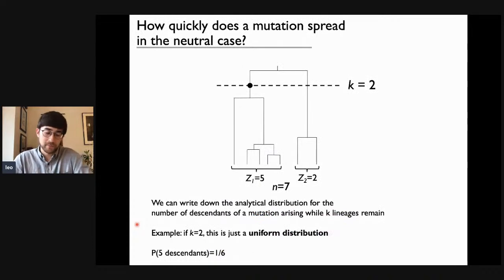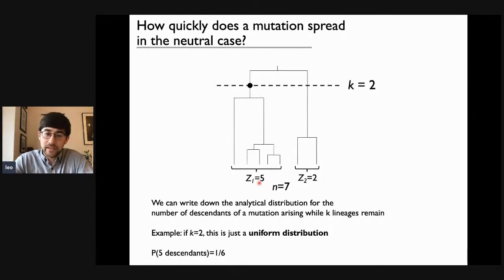So we have these selection signatures, and now the question is, how can we actually quantify this? What we want to do is try to measure how quickly a mutation spreads. For that, I think it's good to understand what happens in the neutral case, so that's what I'd like to do first.